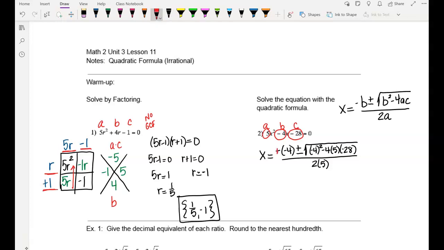The double negative at the front goes positive, so I have x equals 4 plus or minus the square root. -4 squared is +16. -4 times 5 is -20. -20 times -28 is +560. And that's all going to be divided by 10.